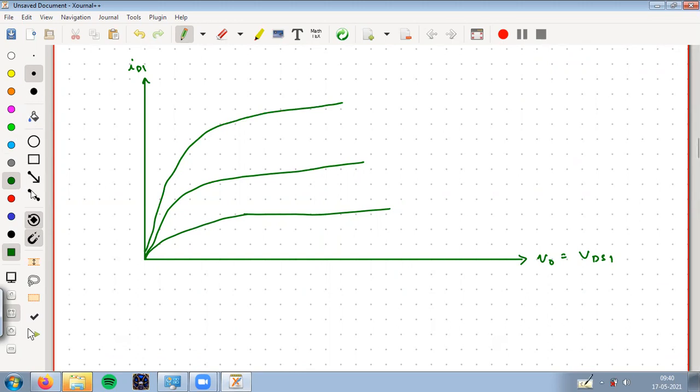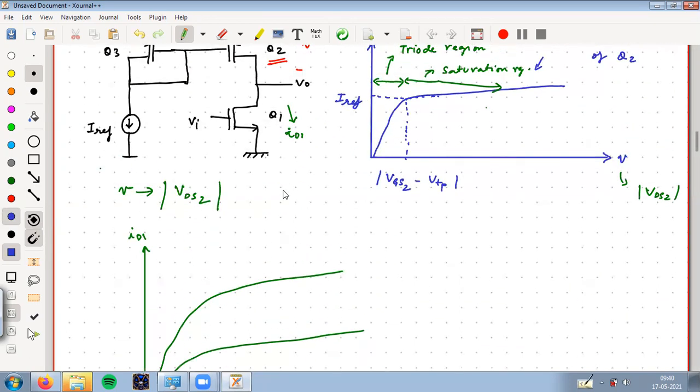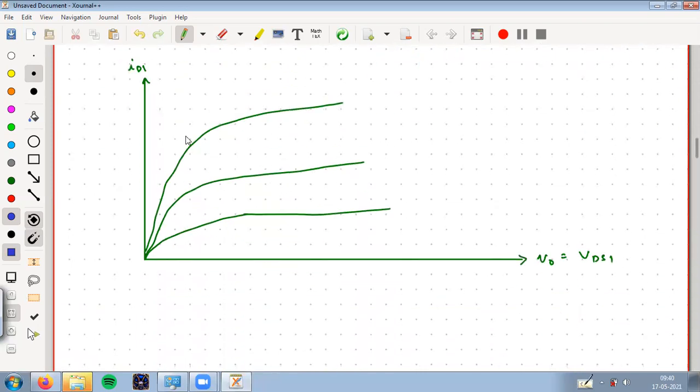Now I'll superimpose the IV characteristics of Q2 upon this curve. So what will I get? I get it like this.